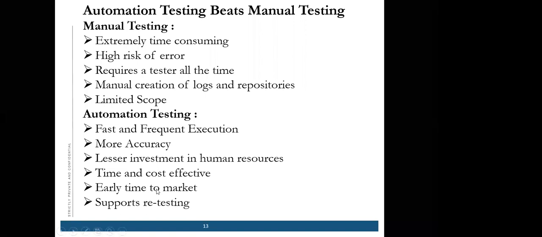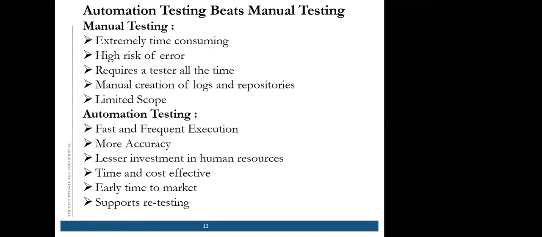And early time to market, as you see that you have saved all your time in execution, and you have done very fast execution. So you can deliver your product pretty fast, and that way you can market your product early.